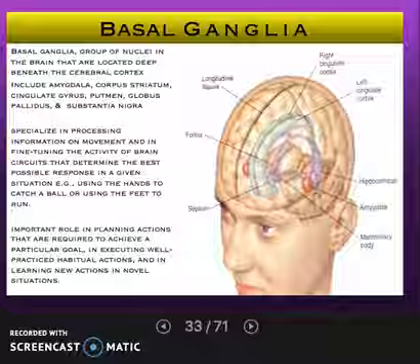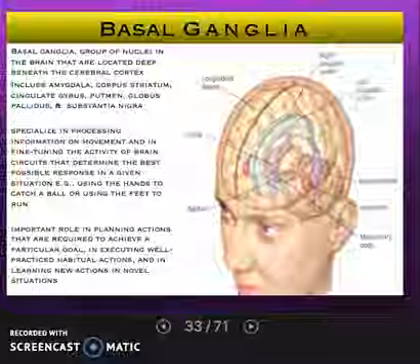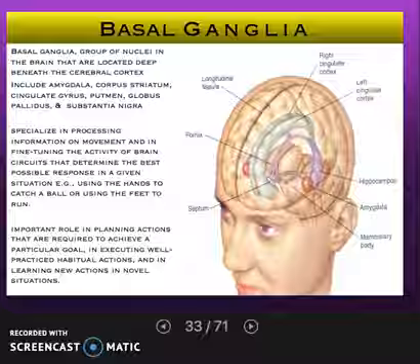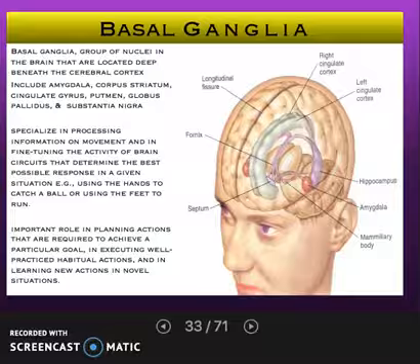All right, so we're moving out of these higher cerebral functions, the parts that make you uniquely human, into those deeper things that make you just like all of your animal brothers and sisters. So we have the basal ganglia. It's made up of these different structures, and it's also important in learning.